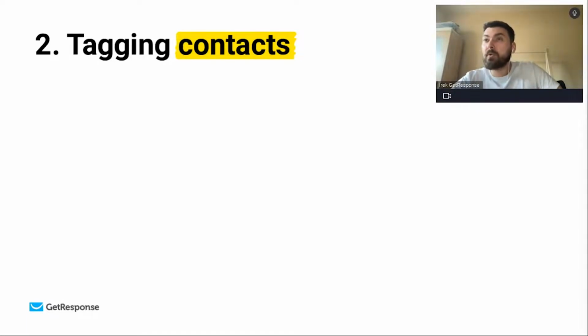Segmentation, product user, non-buyer, into segment. These are all examples of great tags. Thank you so much. Personalization and the property of a contact. Thanks, guys, thank you so much for helping me out.